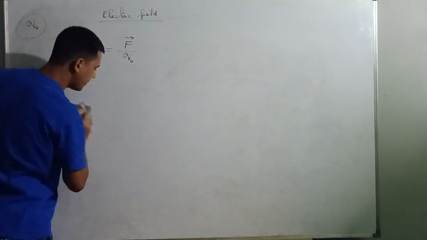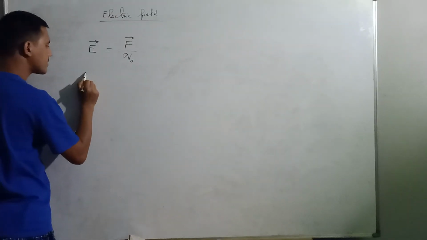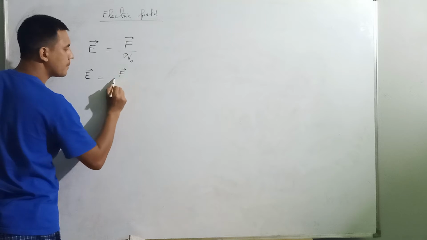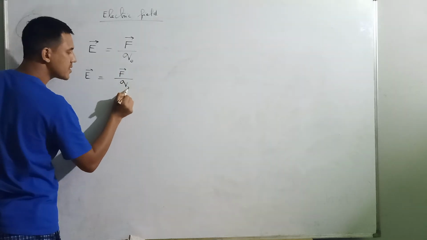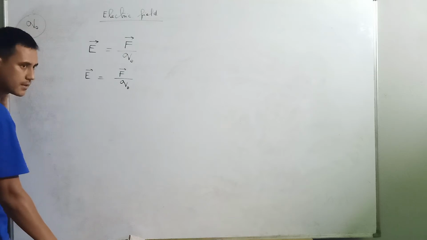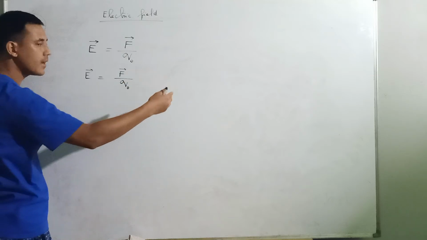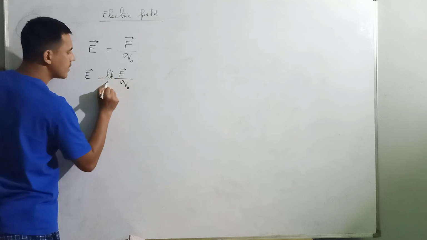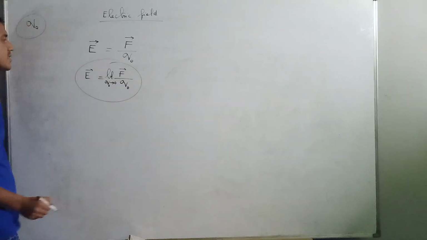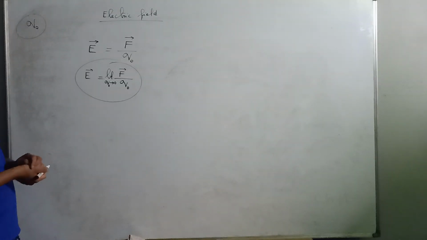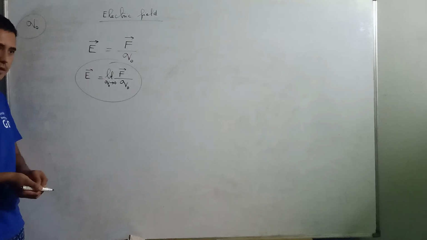So I'm going to write electric field as force experienced per unit positive test charge placed inside the field created by any other charge, and I'm going to write here limit Q naught tends to 0. So that's electric field, the strength, the intensity of electric field. Is it okay?